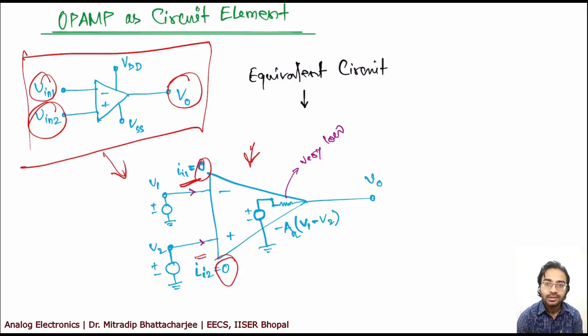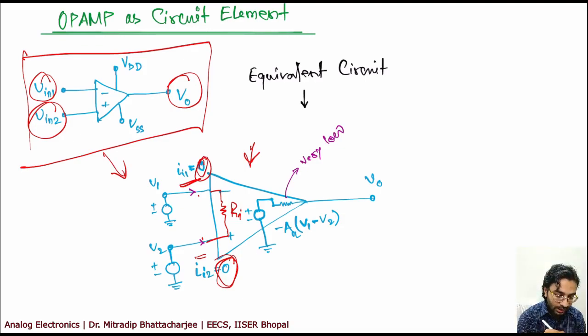Why have I written this? Because the resistance that we have considered, the Ri value, is very high. If it is very high, the current through this terminal will be negligible, and that's why we consider the current through these terminals to be almost 0.